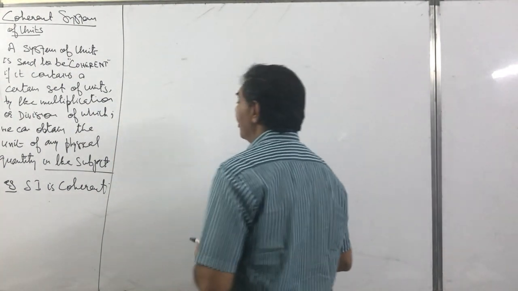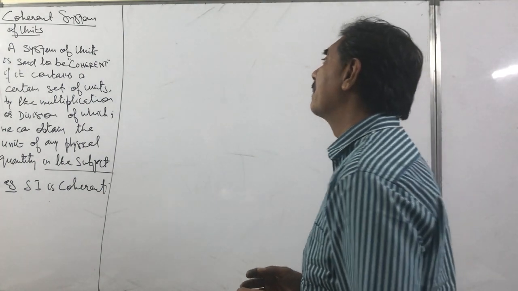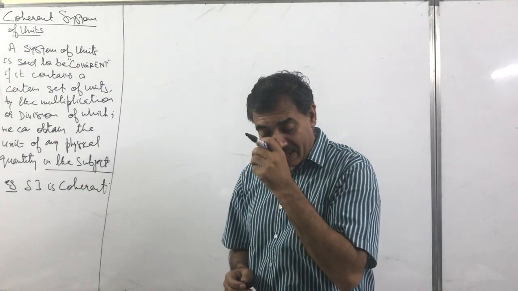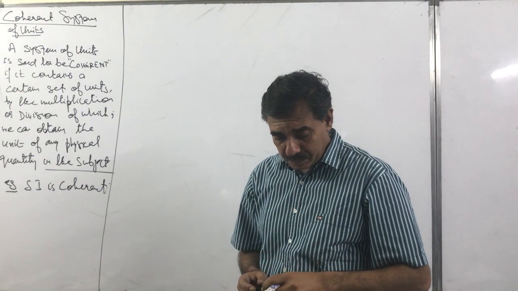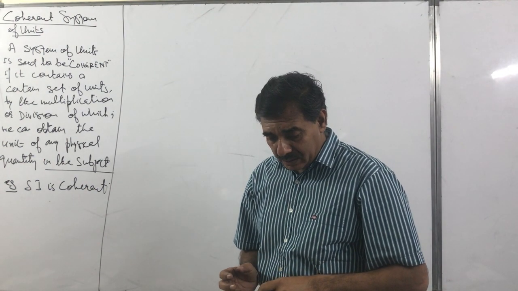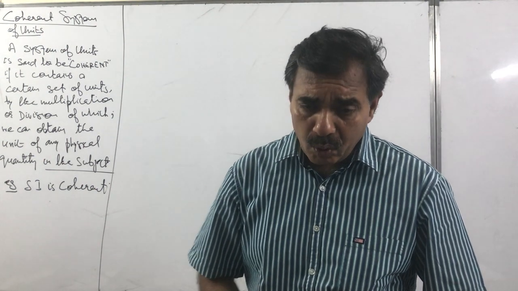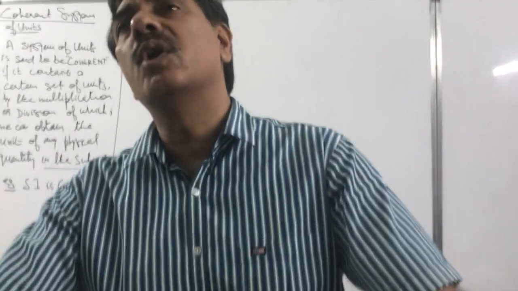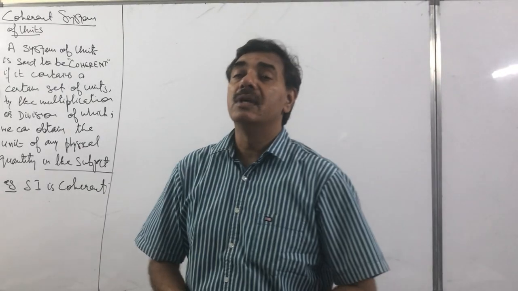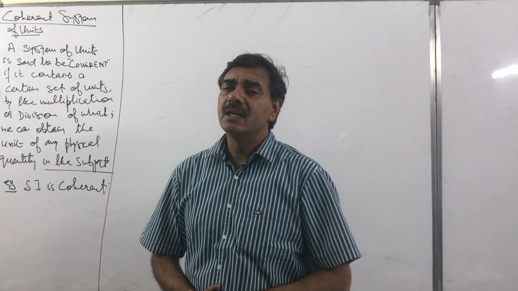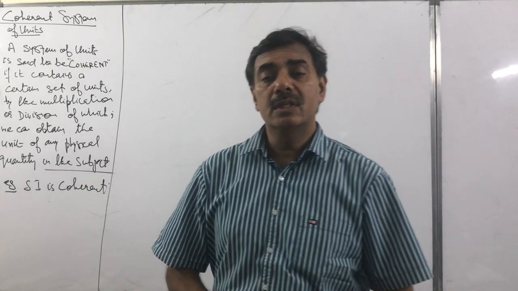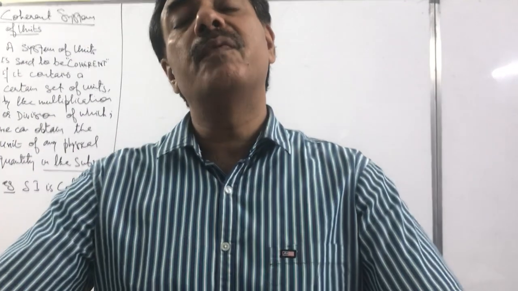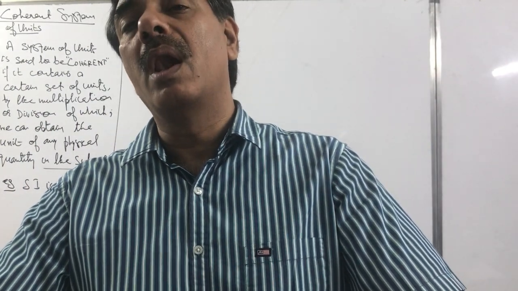Now what was I going to discuss? We have something called constants and variables. There are some quantities in physics which are constants, and some which are variable.